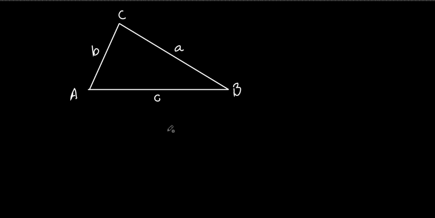You know how we did that side angle side area thing, and we said it's 1/2 BC sine of A, and then AC sine of B, and so on. You get the idea, right? Whatever's missing.